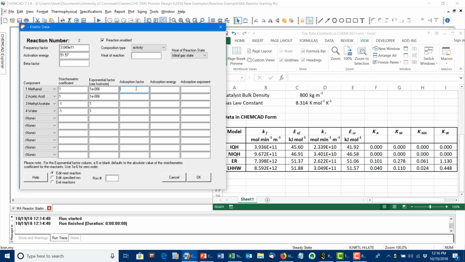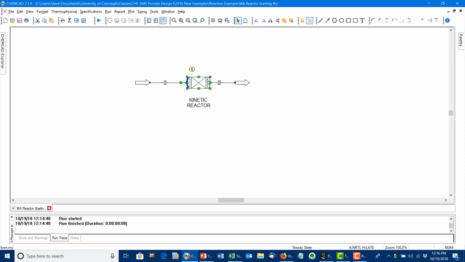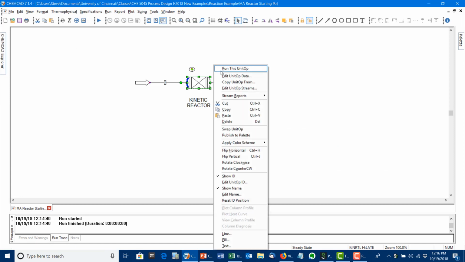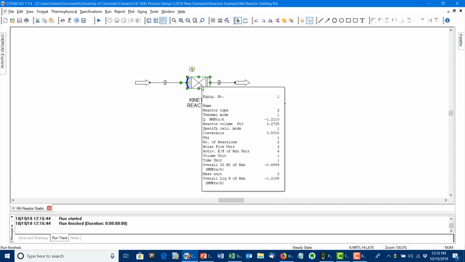For methanol, the adsorption factor is 0.11, 0.04 for acetic acid, methyl acetate 0.024, and finally water 0.448. Make sure to set the beta factor to 2 for the second reaction also, and we should be good to go on this model. So let's run it again. And now what I get is a reactor volume of, again, about 8.3 cubic feet.